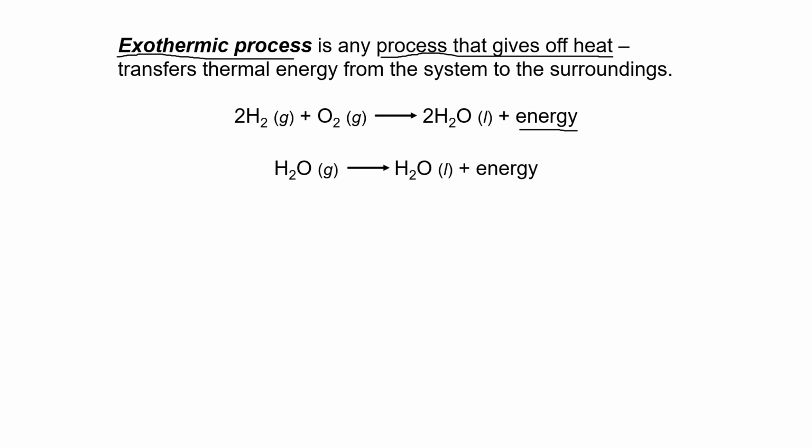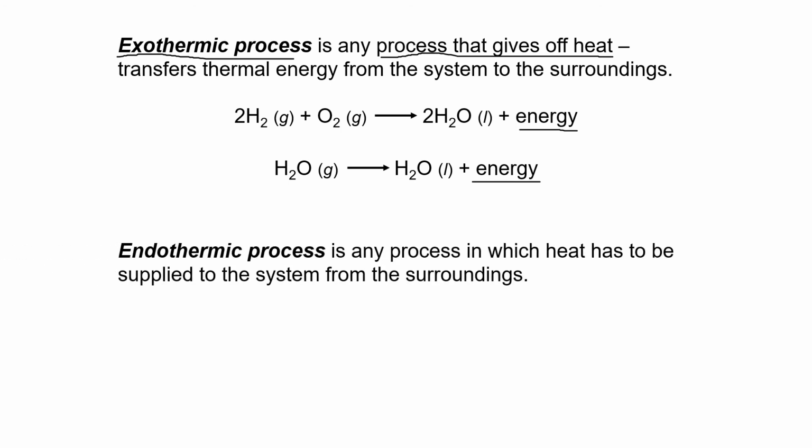Here's the phase change, where gaseous water is condensed to liquid water. So phase changes have thermal energy transfers. And this too is an exothermic process, or releases heat to the atmosphere or surroundings.